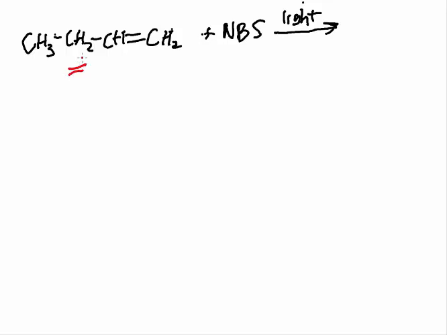Now, a simplified approach would be to replace one of those CH2 hydrogens by a bromine and write that for your product. And then walk away, go on to the next problem. However, if we did that, here's what would play out.